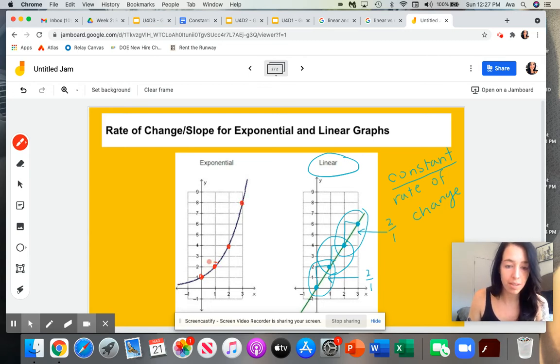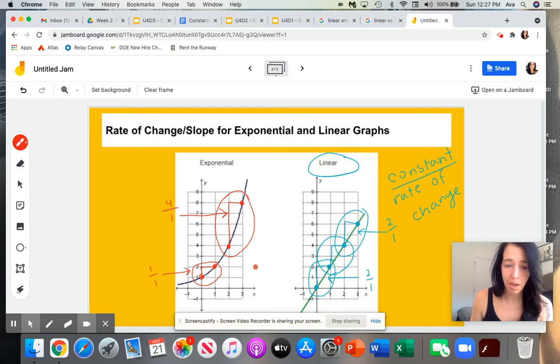If I'm looking at the slope between these 2 points, I'm going to go up 1 over 1. So that slope is 1 over 1. Well, let me look at the slope between these 2 points here. I'm going to go up 1, 2, 3, 4, and over 1. So this slope is 4 over 1.